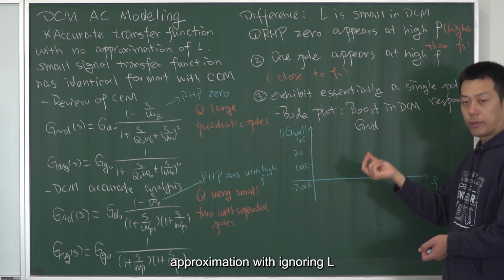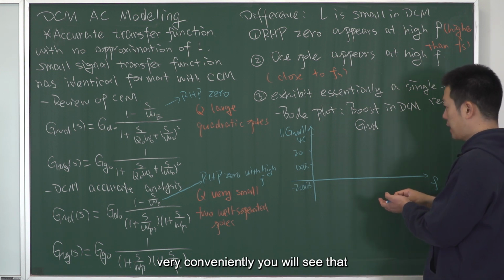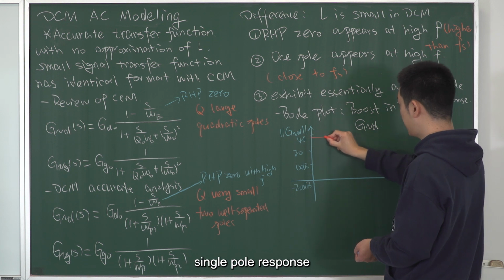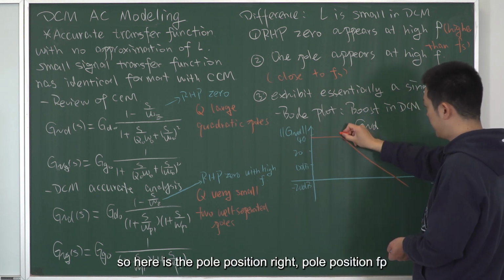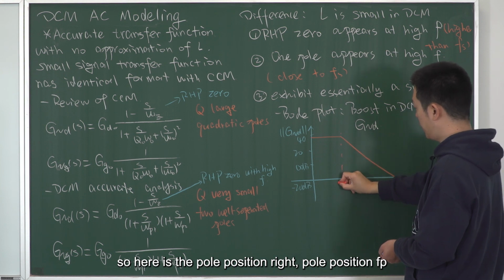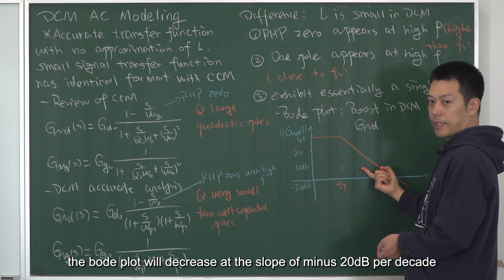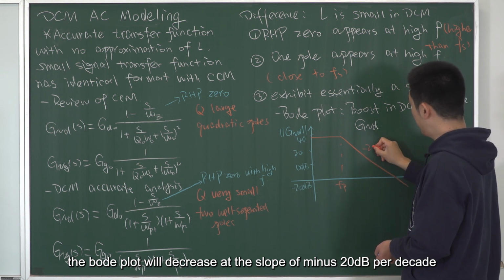For that numerical example, if we adopt the approximation with ignoring L, we can plot its Bode plot very conveniently. You will see that its Bode plot will be like this, single pole response. So here is the pole position, FP. And after this pole, the magnitude plot will decrease at the slope of minus 20 dB per decade.